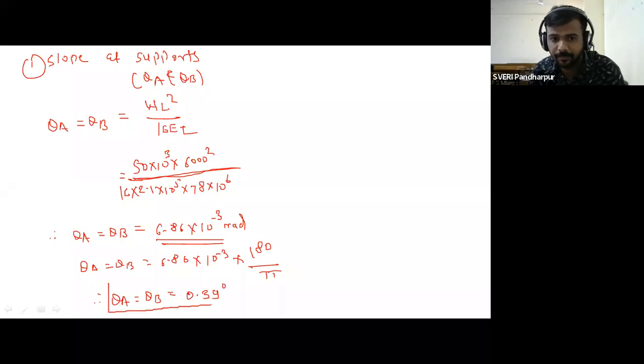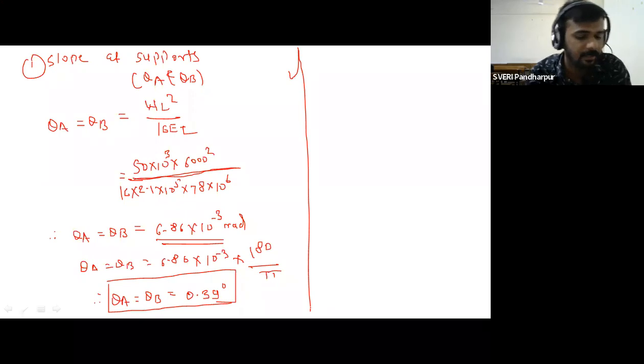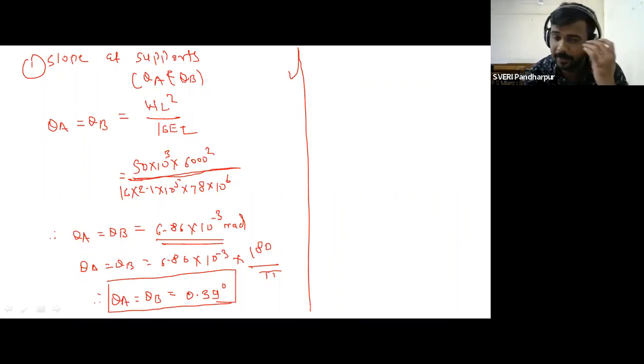Correct. To check in radian, you will get 6.86 into 10 raised to minus 3. It is in radian. And for that radian, you have to multiply by 180 by pi. You will get the slope in degree as 0.39 degree.